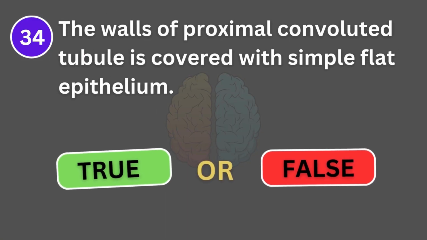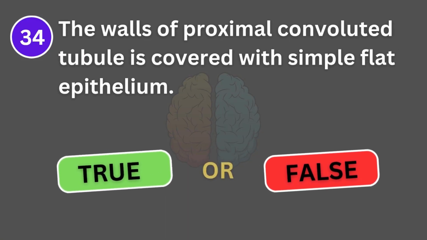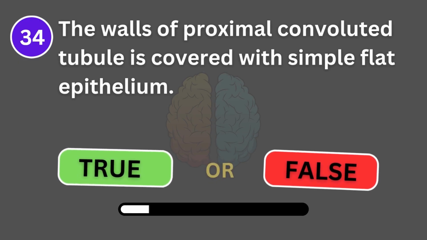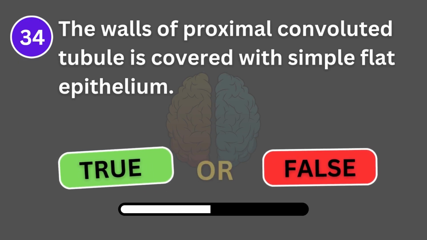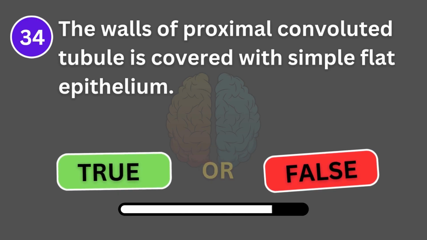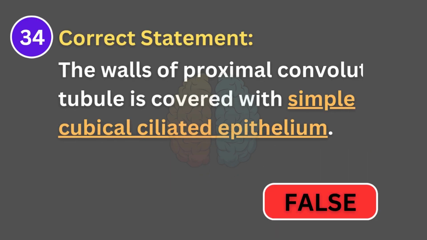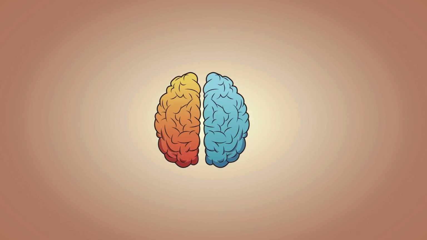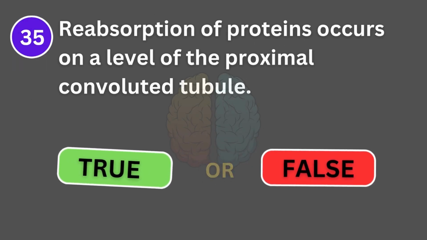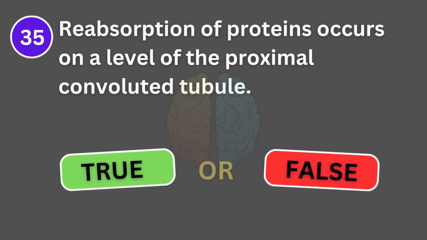The walls of proximal convoluted tubule is covered with simple flat epithelium. Reabsorption of proteins occurs on a level of the proximal convoluted tubule.